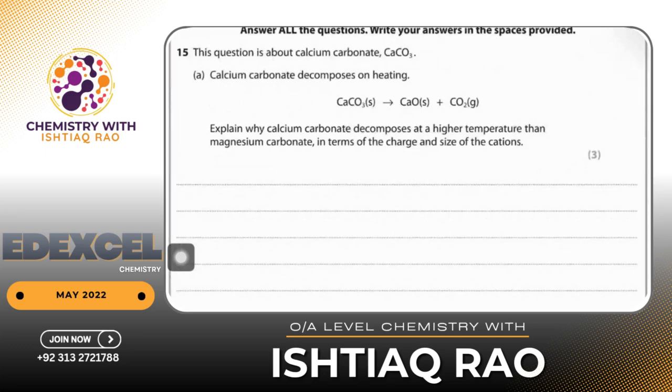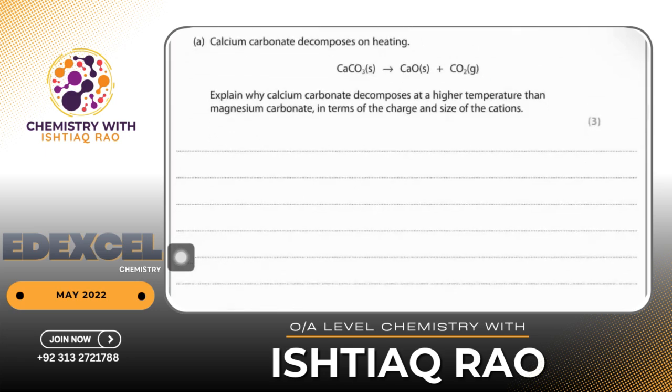Okay. So this question is about calcium carbonate. Calcium carbonate decomposes on heating. Explain why calcium carbonate decomposes at a higher temperature than magnesium carbonate in terms of the charge and the size of the cation. So calcium is greater than magnesium, but the charge is the same, plus 2 and plus 2.